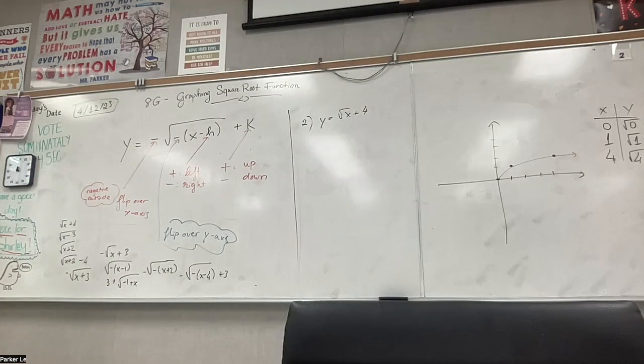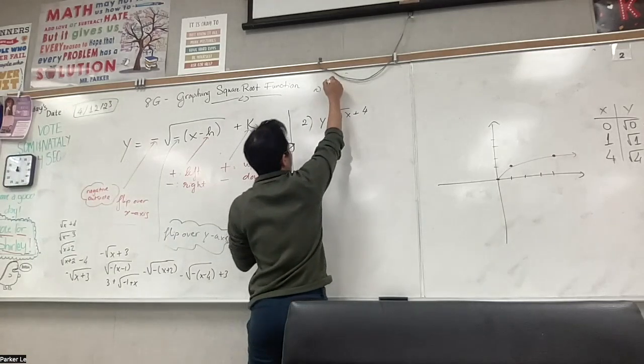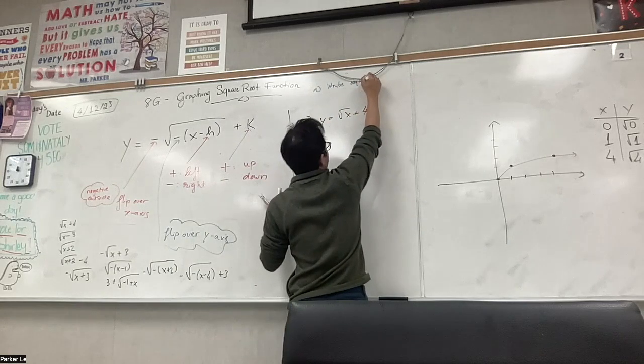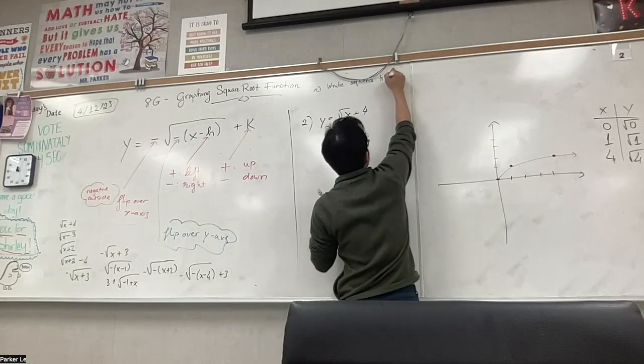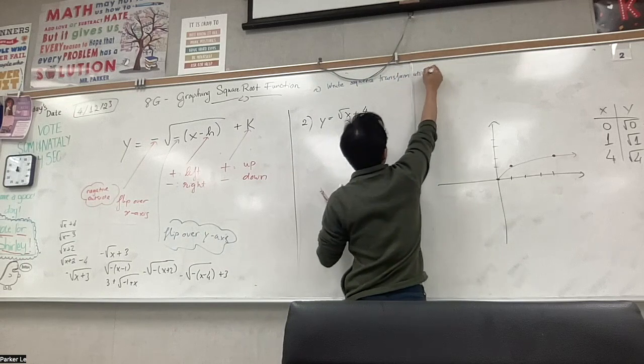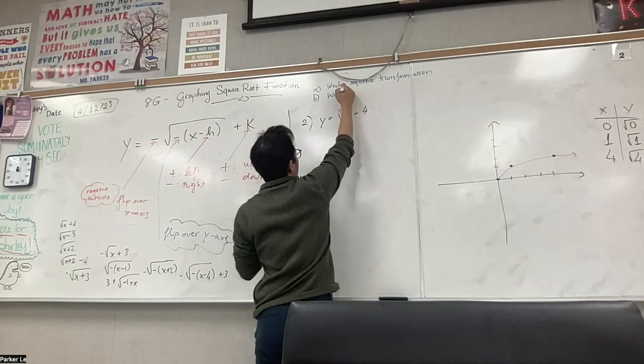Okay. All right. The direction is going to be 3 parts. First, I'm going to ask you to write the sequence of transformations. That means you just write for me what transformations they have, like left, right, up, down, flip. Second, I want you to write the domain.